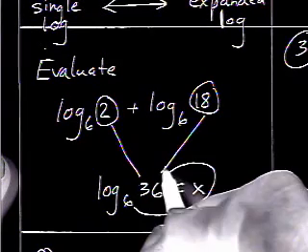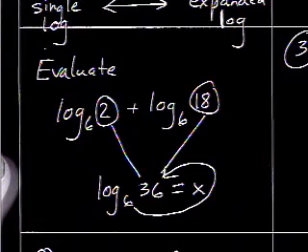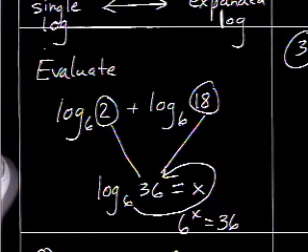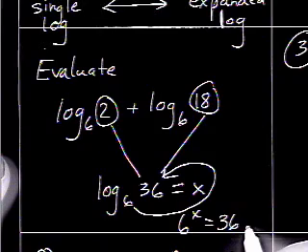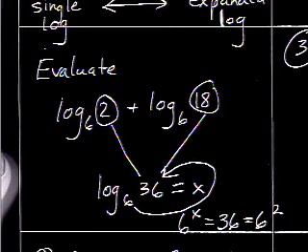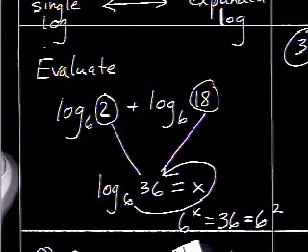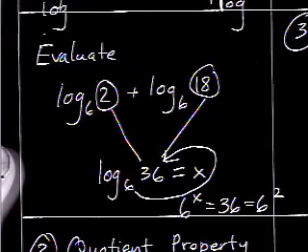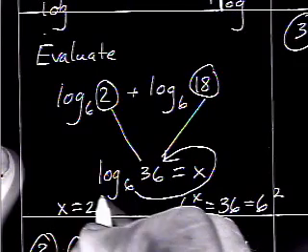And I'm going to rewrite it into its other form. 6 to the x equals 36. Well, we know that 36 is really 6 squared, and as I said before, if the left side equals the right side, and the bases are the same, then you know that the exponents have to be equal also.